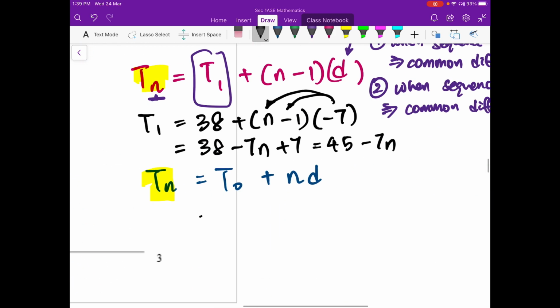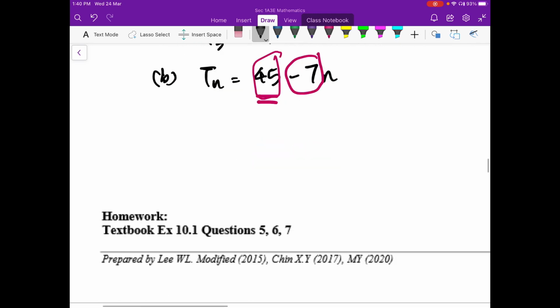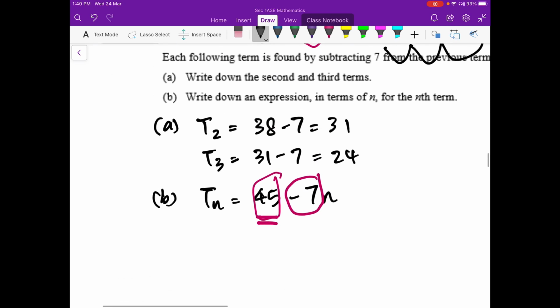So this will be 45 plus n times d, which has a value of negative 7. 45 minus 7n. Okay? So these two versions, up to you which one you prefer. I suppose most of you will actually prefer the second one. Okay? 45 minus 7n. So that is for part A and part B.